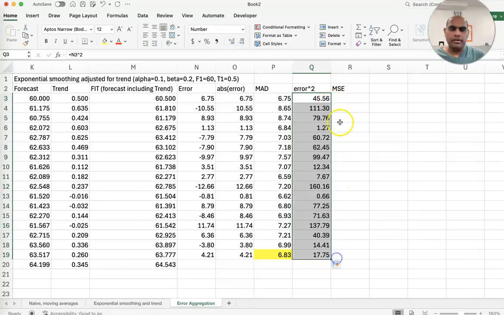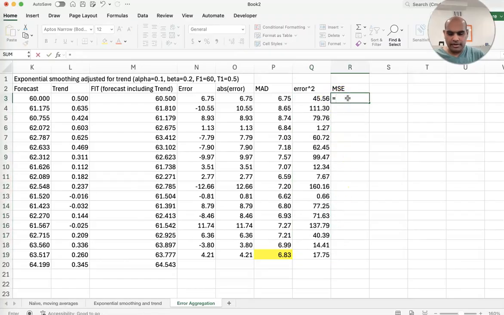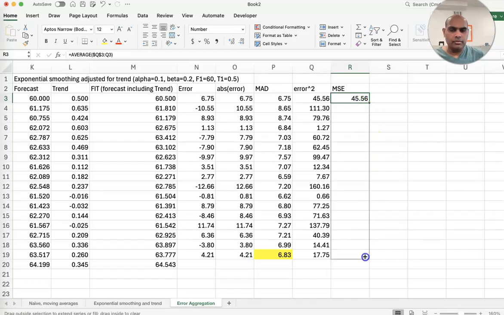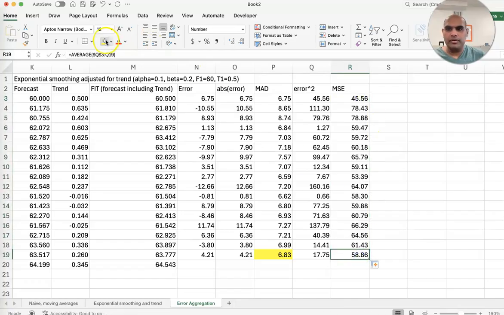Go all the way down, and then the mean squared error, which is again the average. So remember, the idea is you take the average, you start here. For all the averages, you always start at the same point, but the ending point is different based upon which row you are in, which time period you are in, right? So mean squared error going all the way down, and there you go. That's my mean squared error.